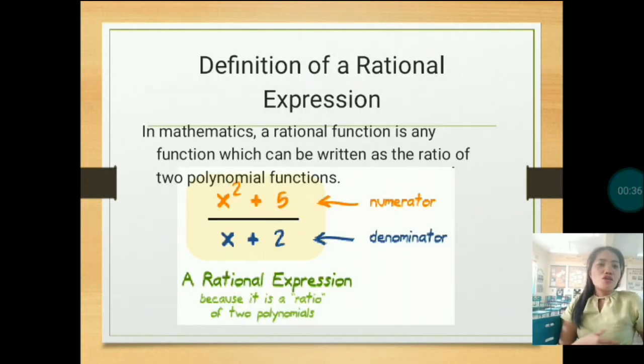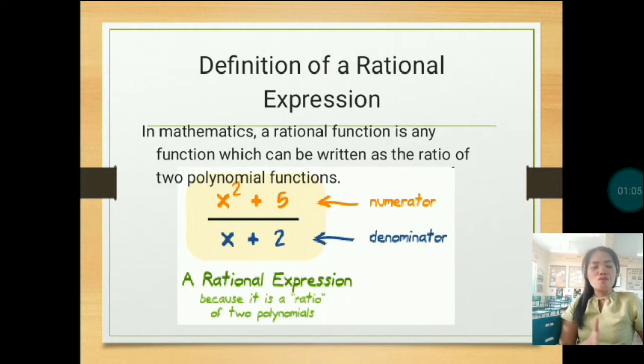So let's have a short recap about the concept of rational expression. In mathematics, a rational function is any function which can be written as the ratio of two polynomial functions. Considering we have here an example, x squared plus 5 as our numerator and x plus 2 as our denominator, it is a rational expression because it is a ratio of two polynomials.